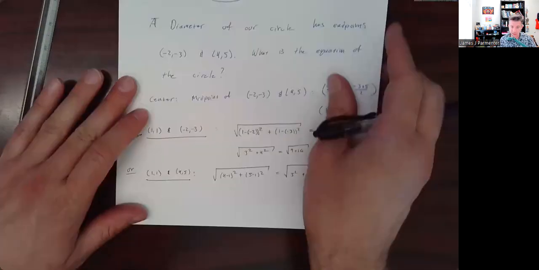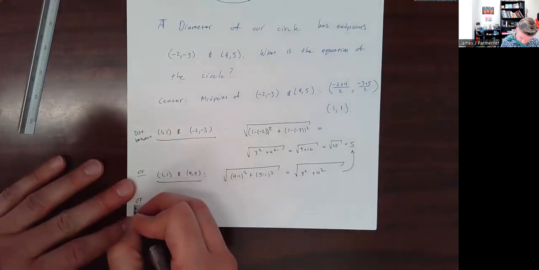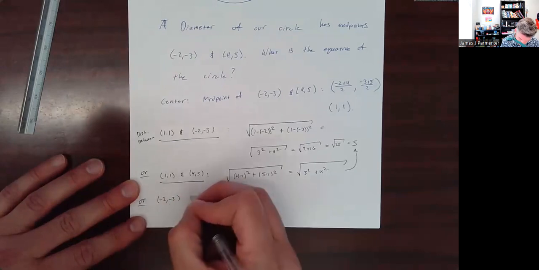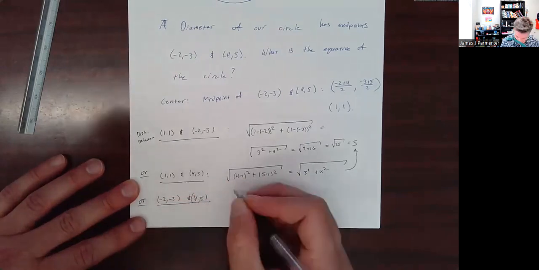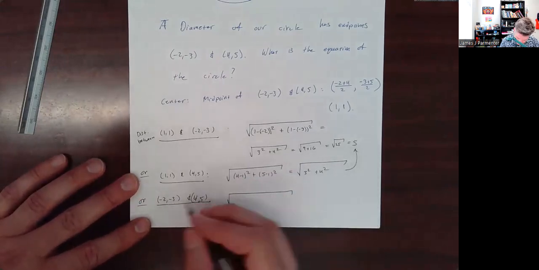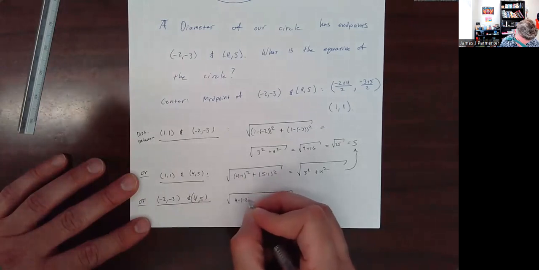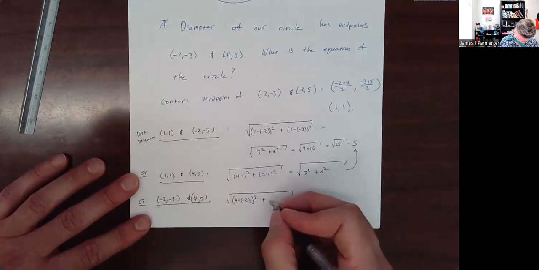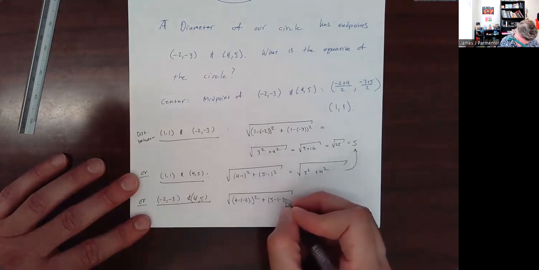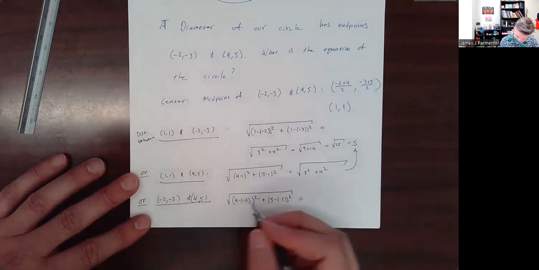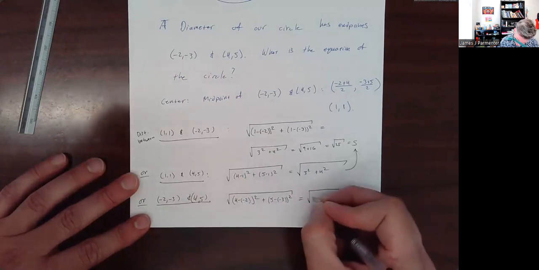Let's just do that to see it. If I go from -2, -3 to 4, 5, using the distance formula, it's the square root of 4 minus -2 squared plus 5 minus -3 squared. 4 minus -2 is 4 plus 2, which is 6, and 6 squared is 36.